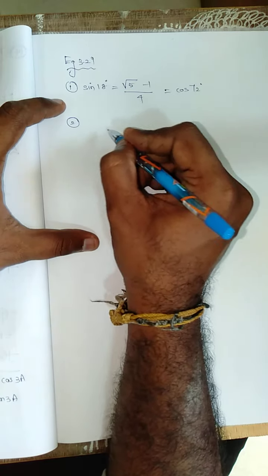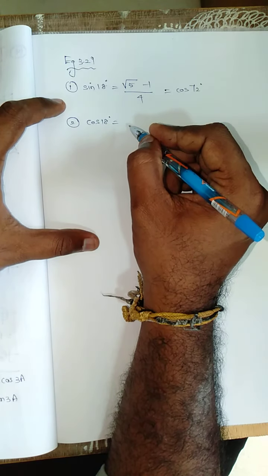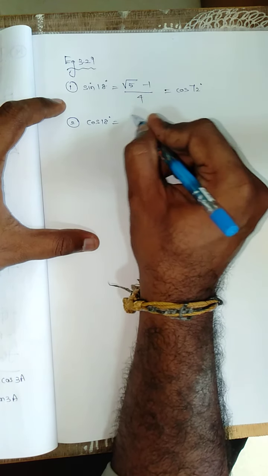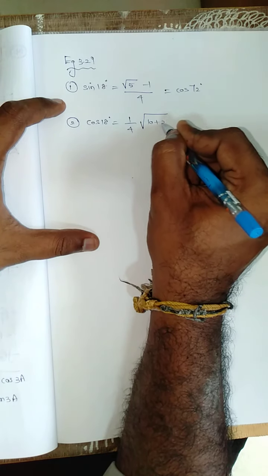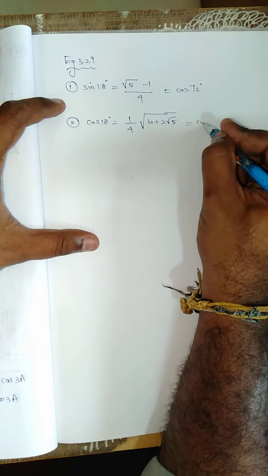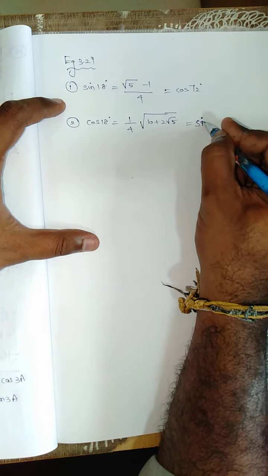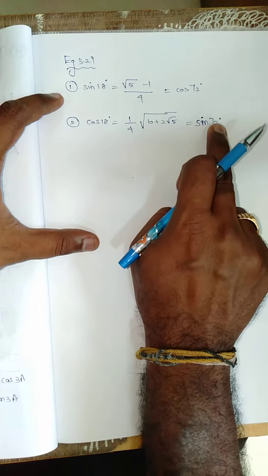Next, second one, cos 18 degrees, is nothing but 1 by 4 square root of 10 plus 2 root 5. This will be equal to sine 72 degrees, because 18 plus 72 is 90.